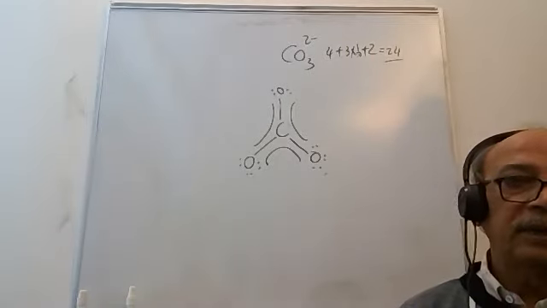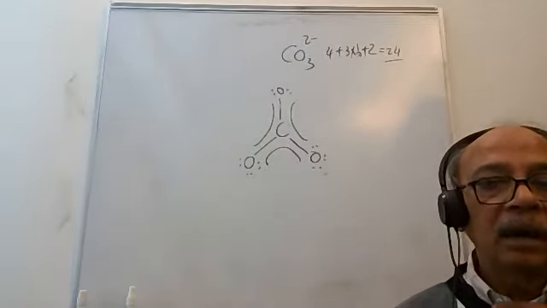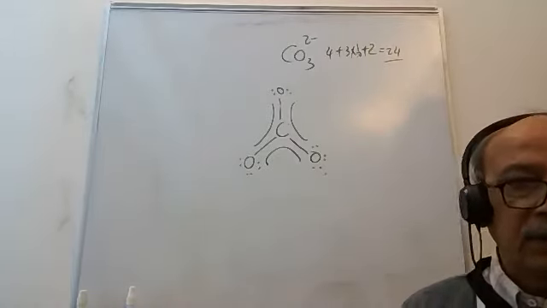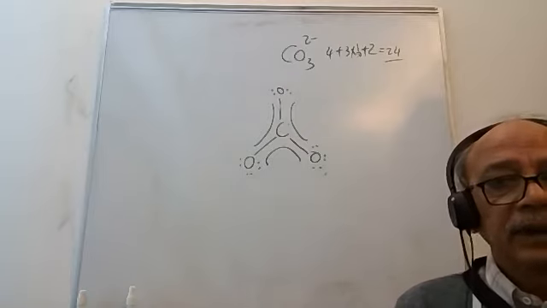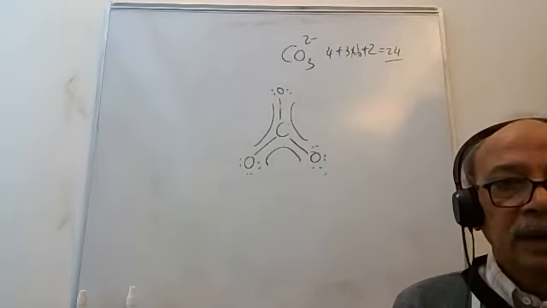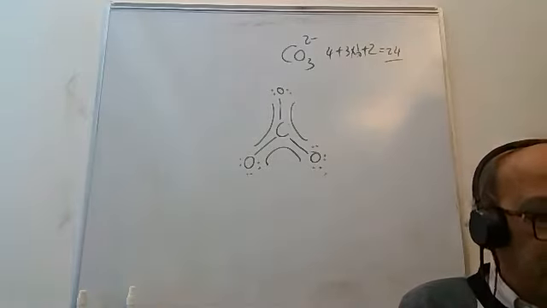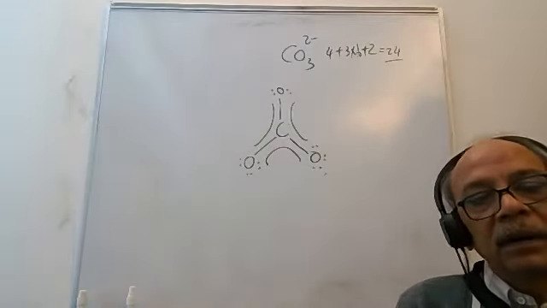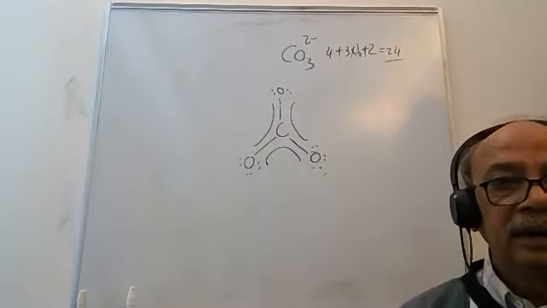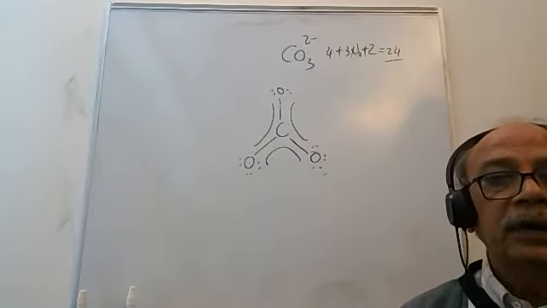The only difference between BFClBr and carbonate is that the carbonate is an octet-precise molecule. It's not electron deficient. All right, so does it belong to any special groups like tetrahedral, octahedral, linear, or icosahedral groups?